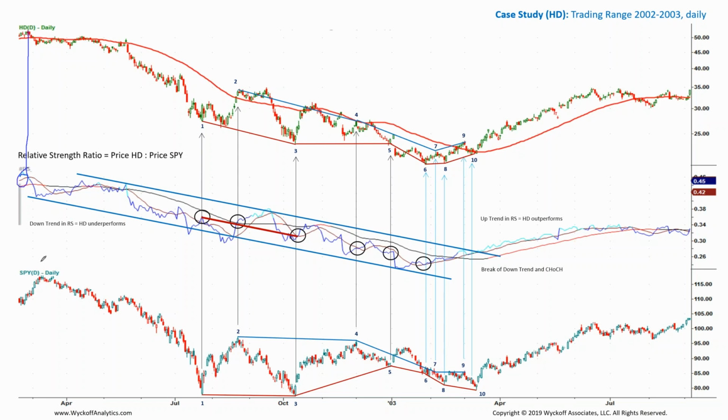And one of the things that we could do here to help us out is, as we synchronize the high, it's actually right here. Sorry about that. So it's here. Let me just erase this. So here it is on the relative strength. Here it is on Home Depot. And then we want to take the measurement of relative strength.